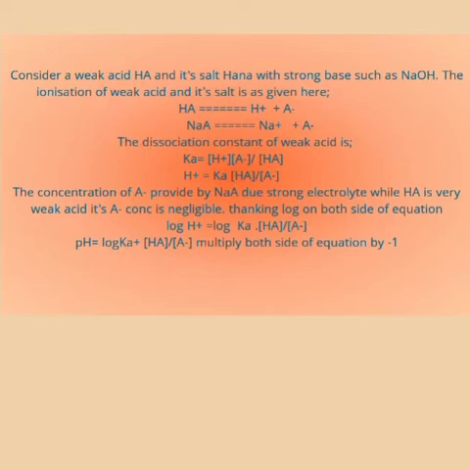The concentration of A negative is provided by the sodium salt NaA, which is a very strong electrolyte, while HA is a very weak acid.